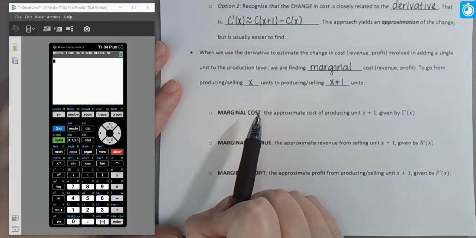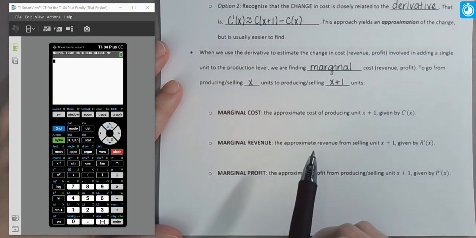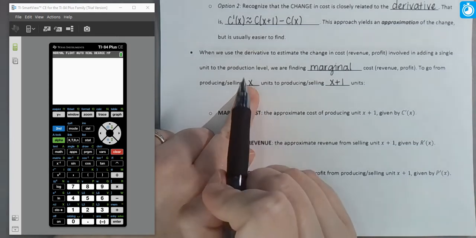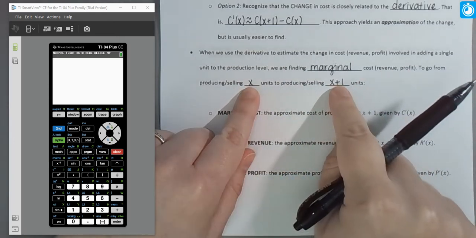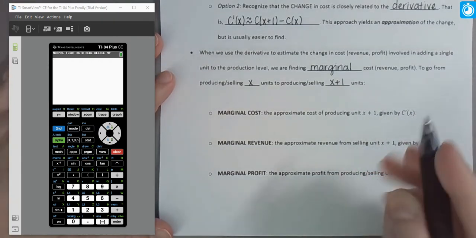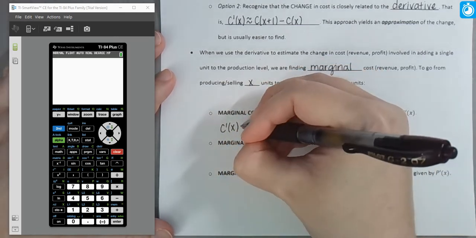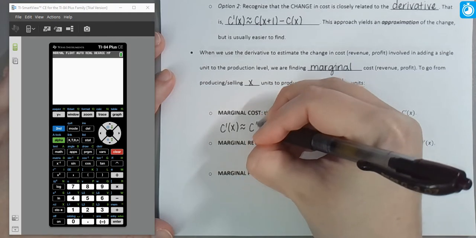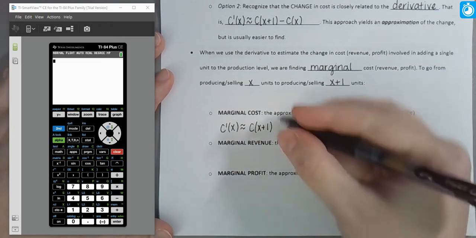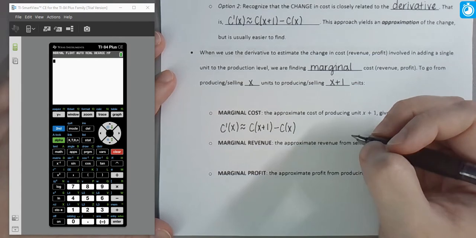So marginal cost is the approximate cost of producing just the x plus first unit. We have a total cost for producing x units. The additional cost we add on to produce the next unit is given by our derivative. So the derivative of cost is approximately the same thing as the difference between the total cost for our x plus first unit minus the cost for the previous unit where we're currently producing.